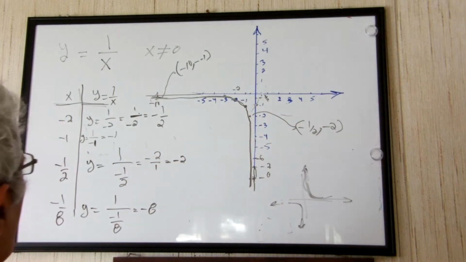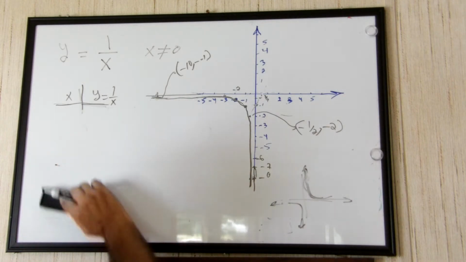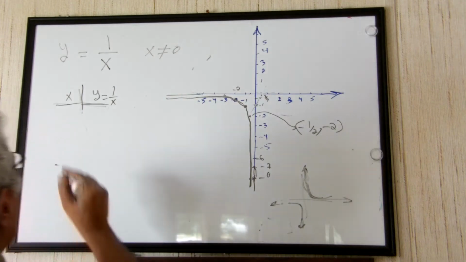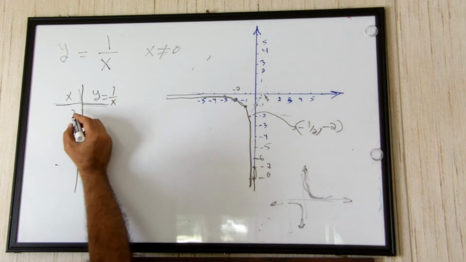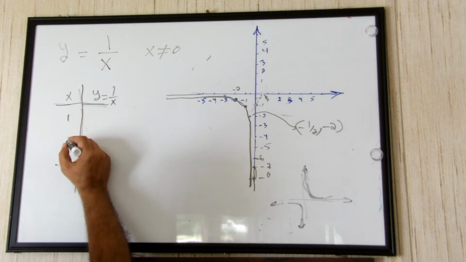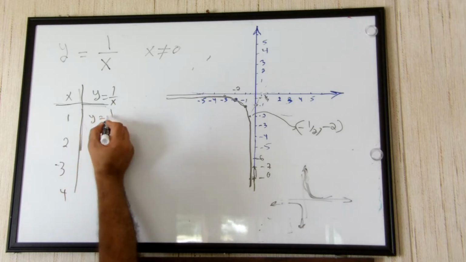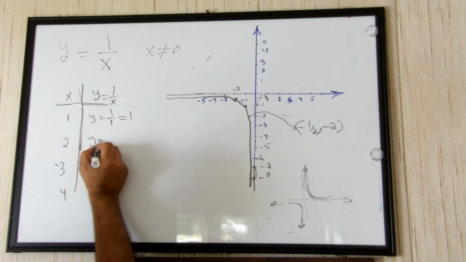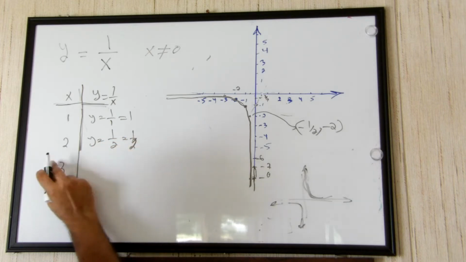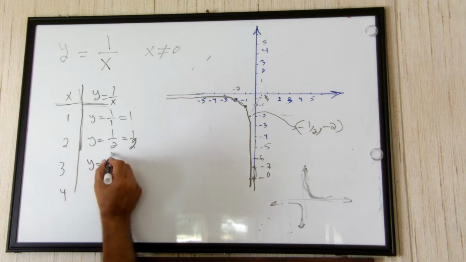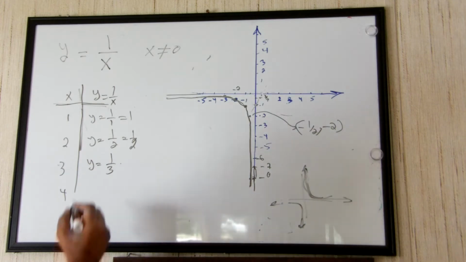Let's see if we have a positive x-axis. So in the positive x-axis, we can write 1, 2, 3, 4: y is equal to 1 over 1, which is equal to 1; y is equal to 1 over 2, going to be 1 over 2; y is equal to 1 over 3, and 1 over 4.